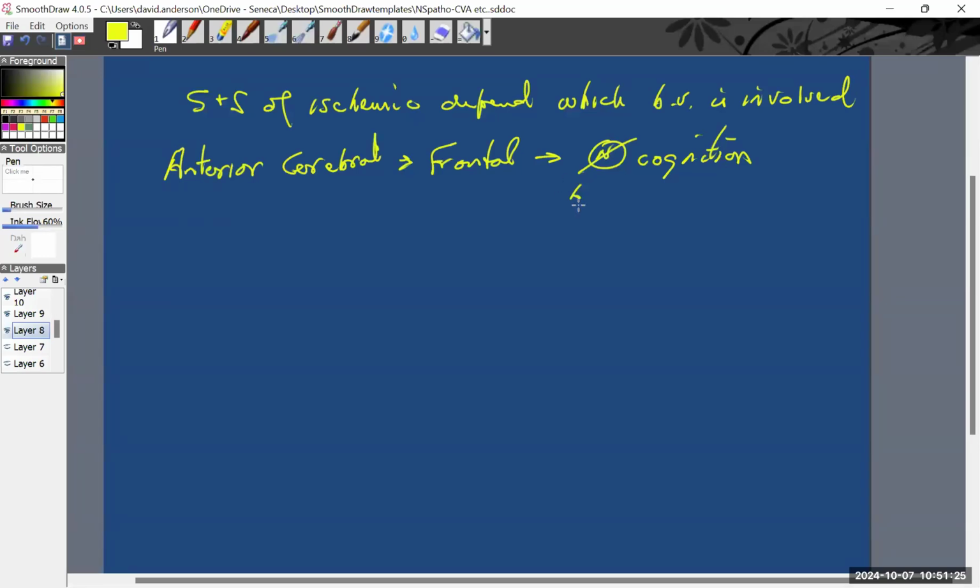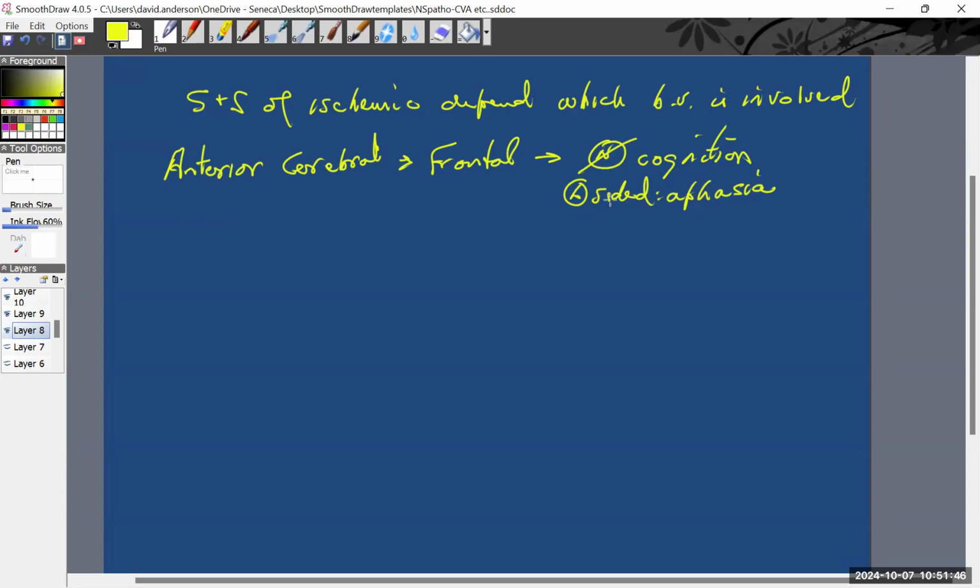If it's left-sided, we may see aspects of speech affected. And on the opposite side, we would see some sensory loss.